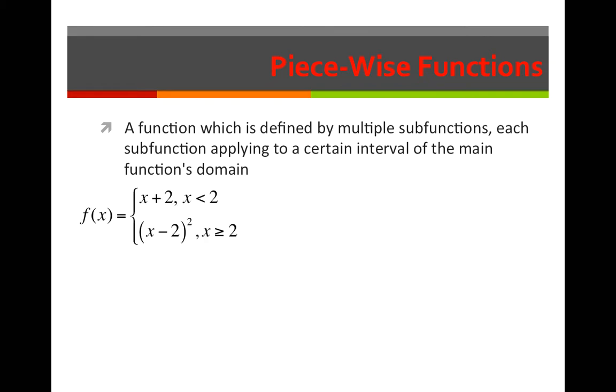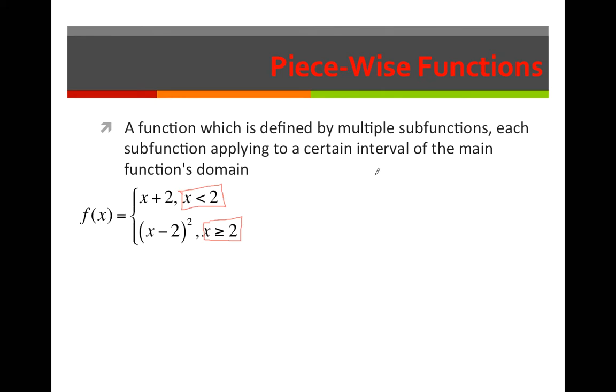So here's an example. f(x) = x + 2 and f(x) = (x − 2)². If you look at the first part of this equation, this tells me that x + 2 only exists when x is less than 2. And the (x − 2)² only exists when x is greater than or equal to 2.